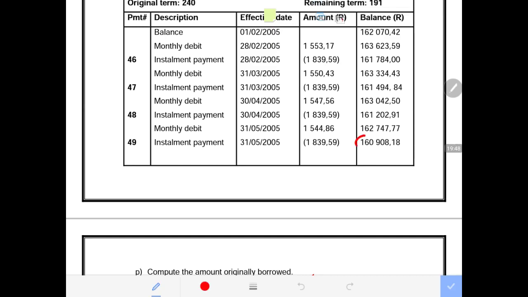We can see that this is the balance after the 49th payment was made. If you wanted to test that, you can say amount, go to P2, say 49, and enter, and you scroll down, and you will still get 168.0.18.